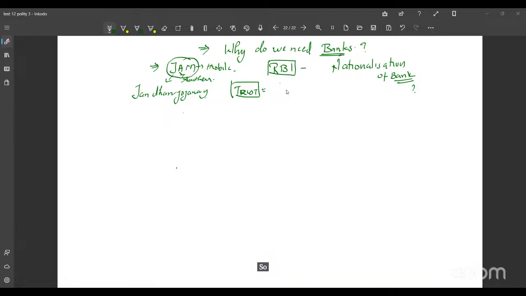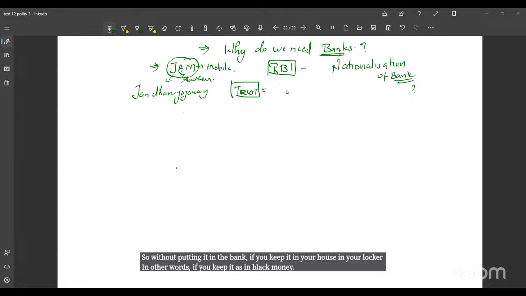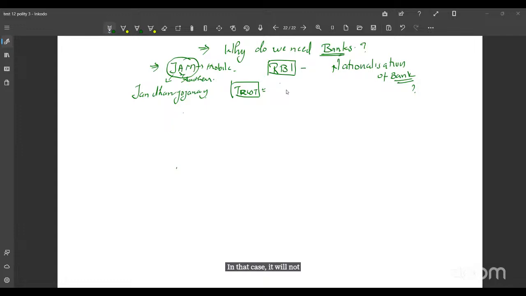Without putting it in the bank, if you keep it in your house, in your locker, in other words, if you keep it as black money, in that case it will not be of any use to the economy. Are you getting the point?